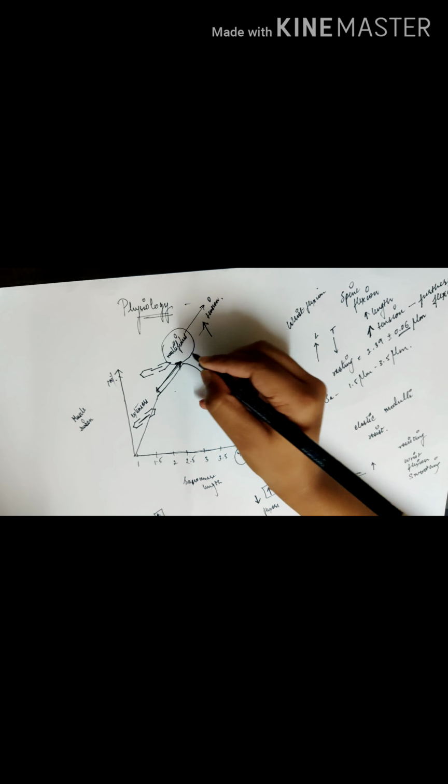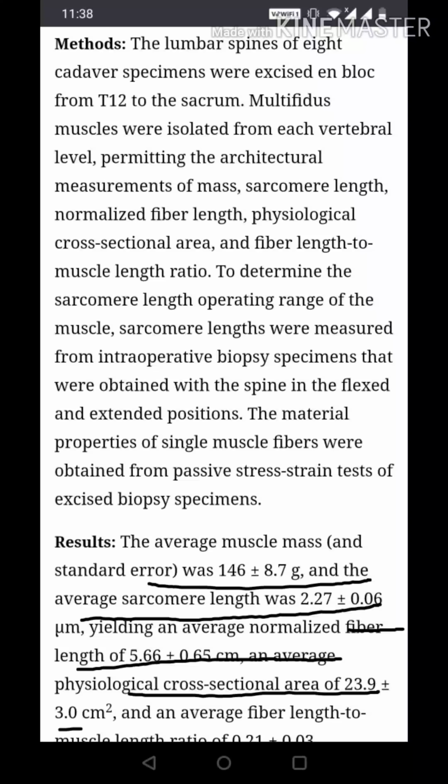The lumbar spines of 8 cadaveric specimens were isolated and measured with the spine in flexion and extension. The results noted were average muscle mass was 146 grams with a standard deviation of 8.7 grams, and the sarcomere length was 2.2 with a standard deviation of 0.06 micrometers.